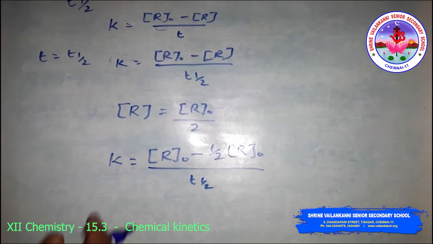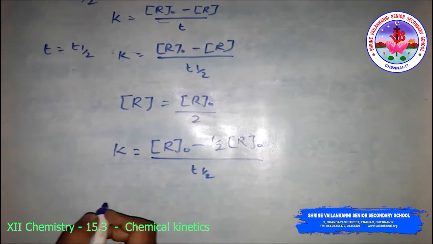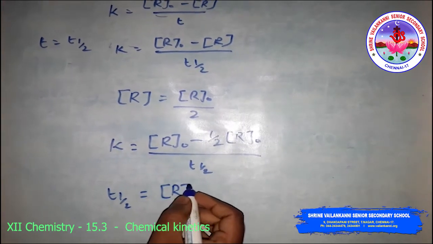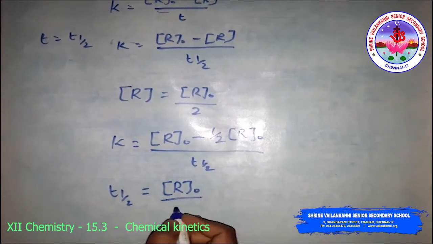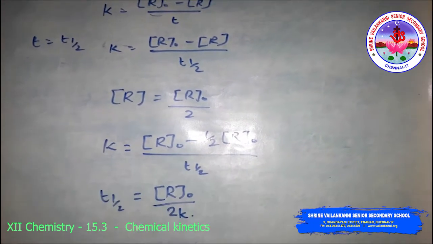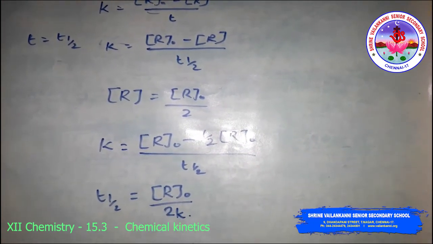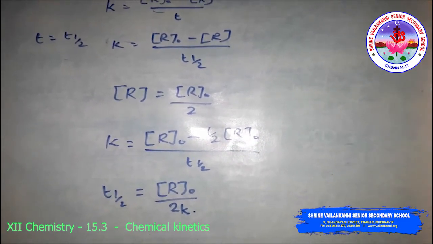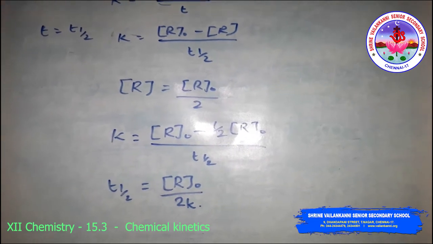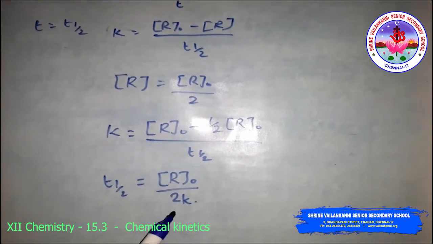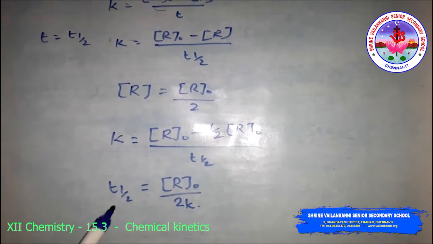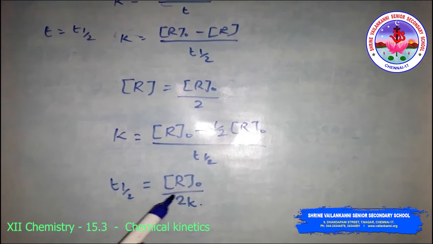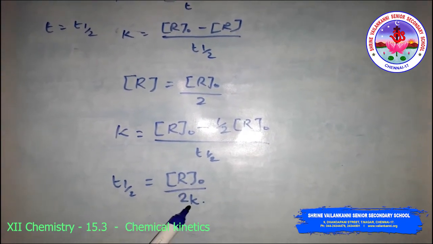Then the t half will be [R]0 divided by 2k. After rearranging, it is clear that the t half for a zero order reaction is directly proportional to the initial concentration of the reactant and inversely proportional to the rate constant.